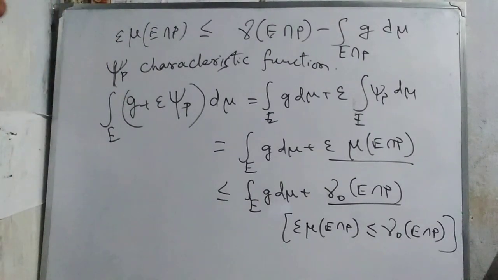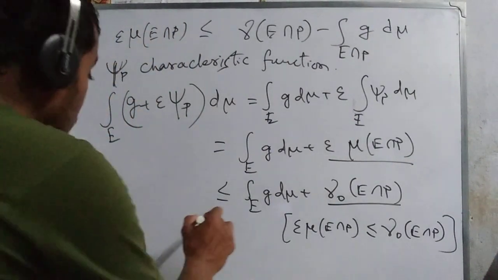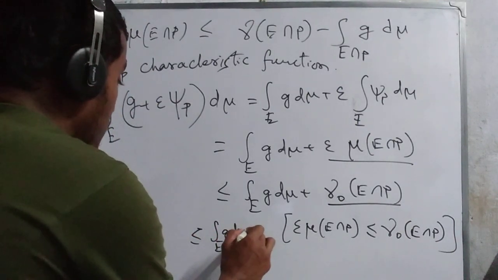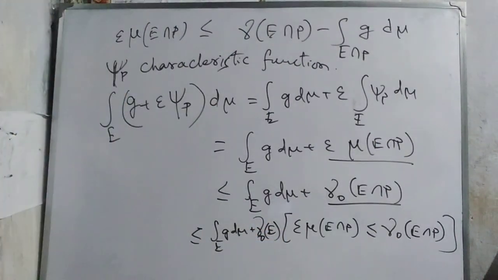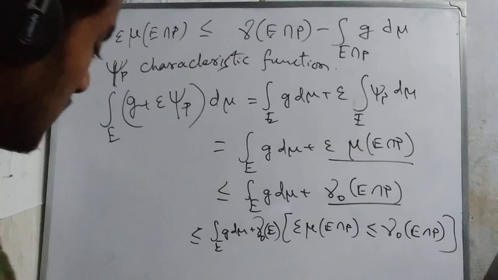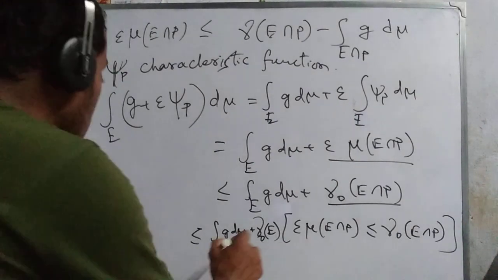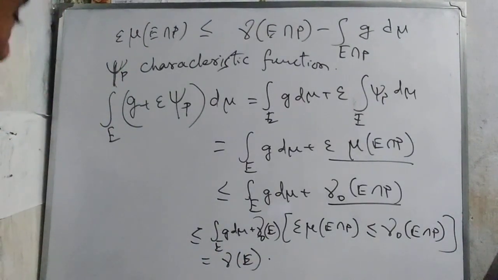So this is less than or equal to the integral over e of g d mu plus gamma 0 of e intersection p, which is less than or equal to gamma 0 of e. Since e intersection p is a subset of e, this equals gamma e, so we get that this is less than or equal to gamma e.